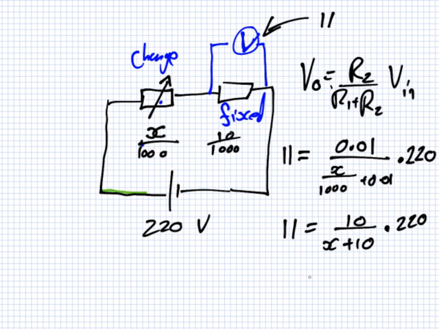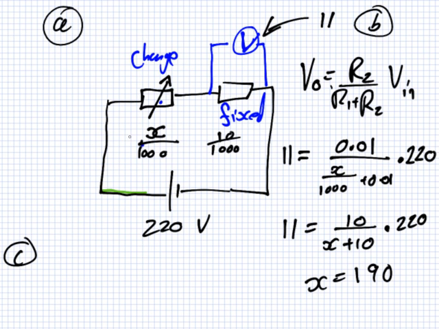So if I solve this, I get X equals 190, I think. Let's double check that. Yeah, X is 190. Okay, that was part B. Part C is what's the current, I. So what formula could I use?